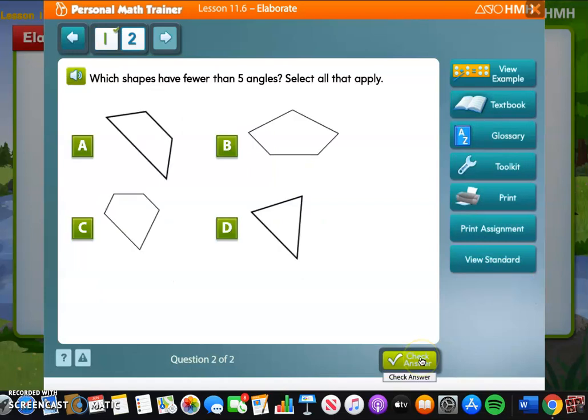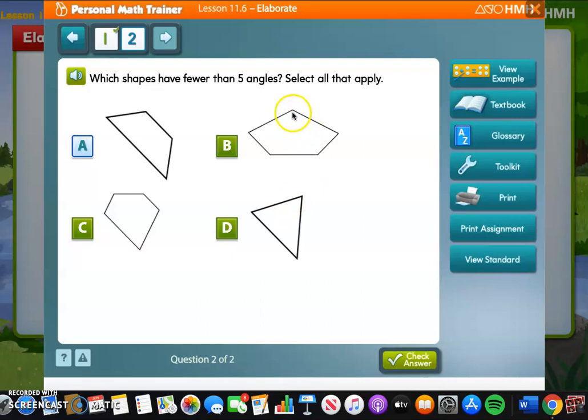Right. And so then number 2 says, which shapes have fewer than 5 angles. Select all that apply. So we're going to be looking for the same amount again. So let's just start by counting some angles in option A. So 1, 2, 3, 4. 4 angles is less than 5 angles, so A would work.